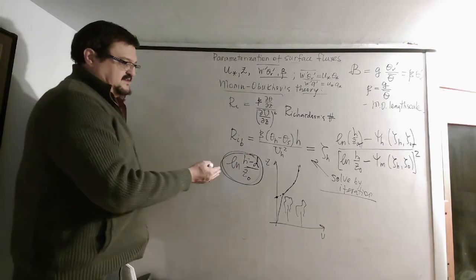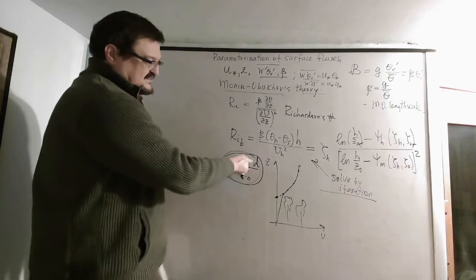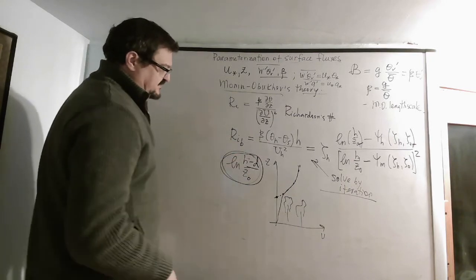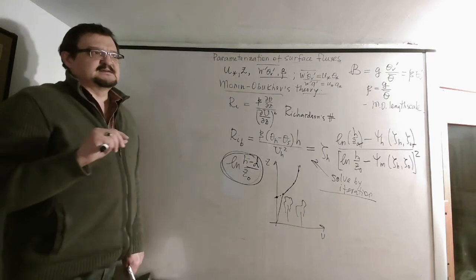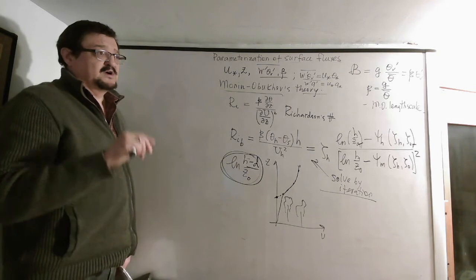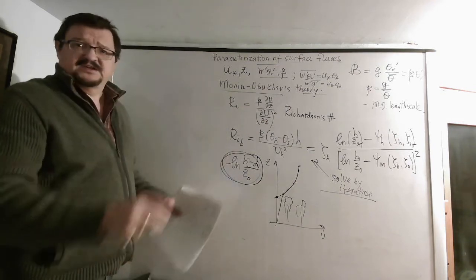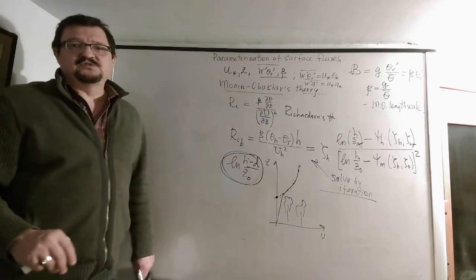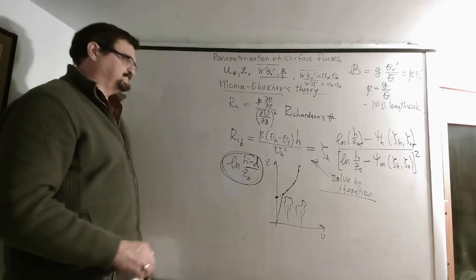But in all formulas, for small obstacles, d is very small, so it can be ignored. So you just use h over z naught. Only for surface types that have tall obstacles, like a forest, or say a cornfield, which has very tall plants, you need to use displacement height in addition to roughness length.